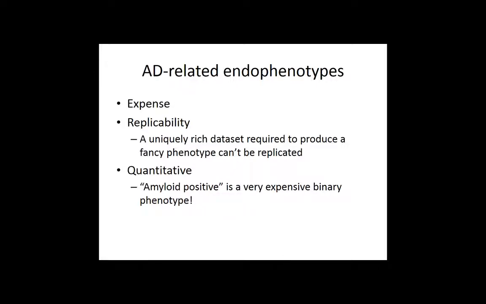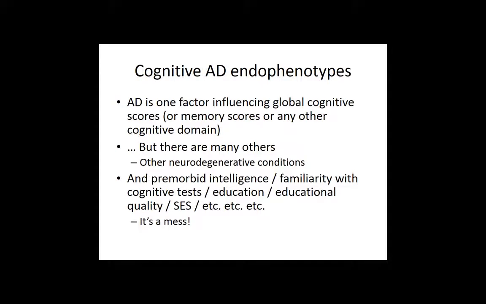That's an expensive binary phenotype that you're saying amyloid positive or negative, and if you need 50,000 people for your GWAS of amyloid positivity, you've spent a boatload of money if you're using amyloid positivity as your phenotype. So maybe we could do something that's quantitative continuous rather than positive negative. And cheaper, right? So there's some economics of phenotyping that's important.